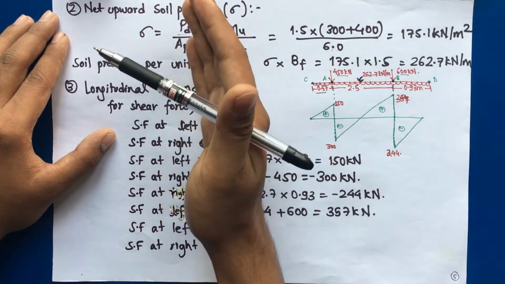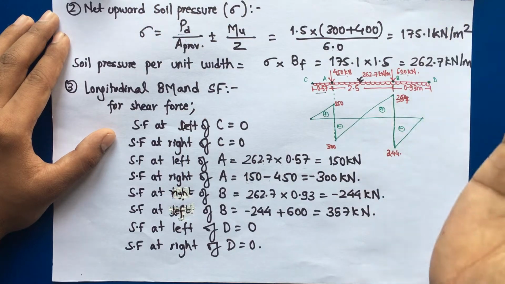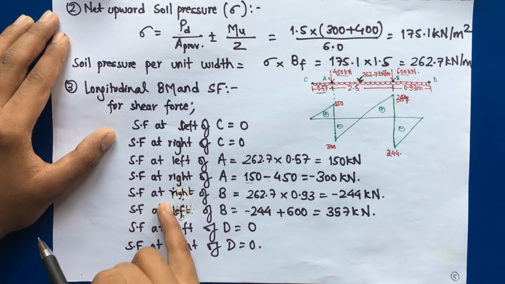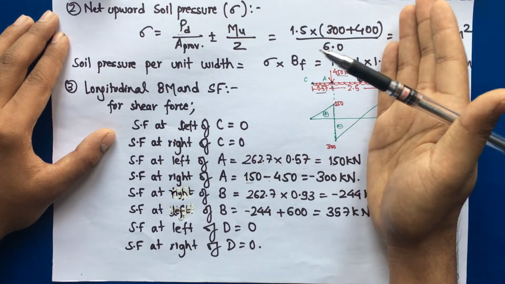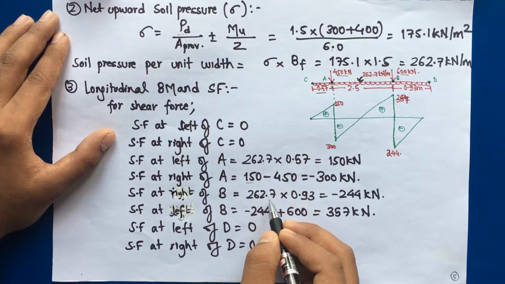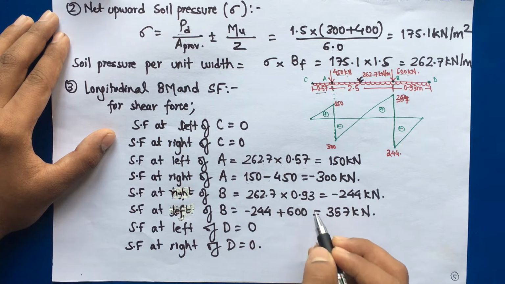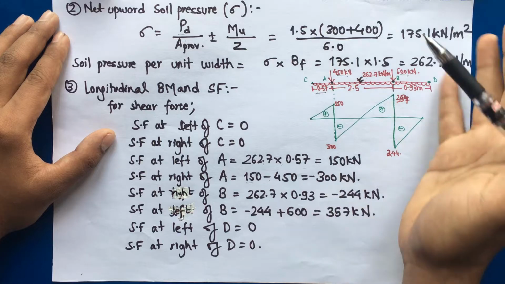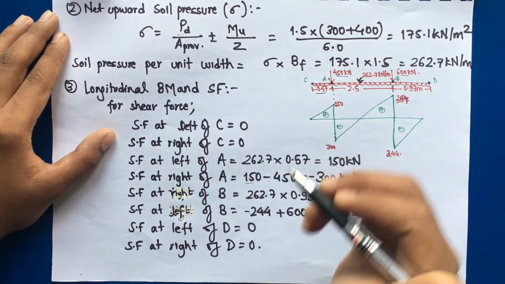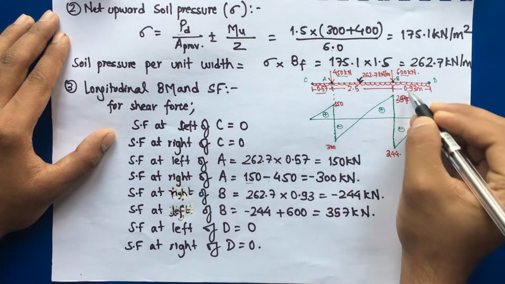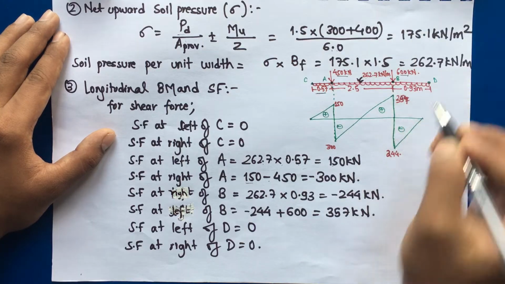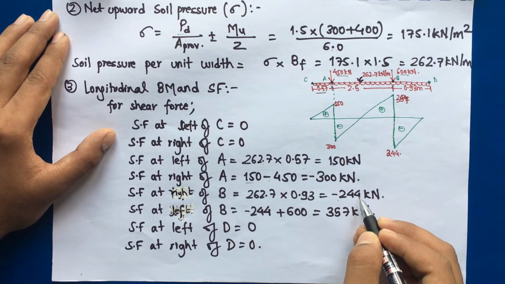As I said, from right to left upward force will be negative and downward force will be positive. Shear force at right of B is 262.7 into 0.93, that is the projection length. At the right of B we have UDL only, so minus 244 kilonewton.